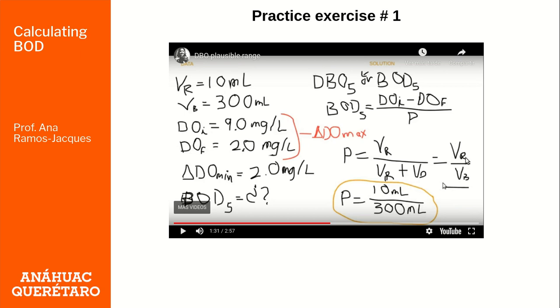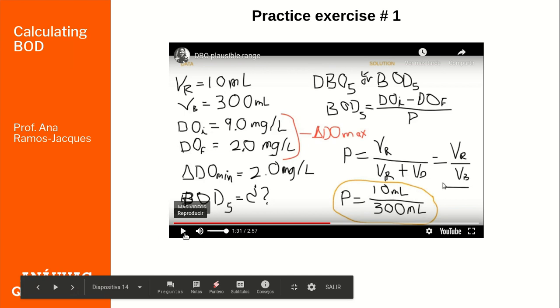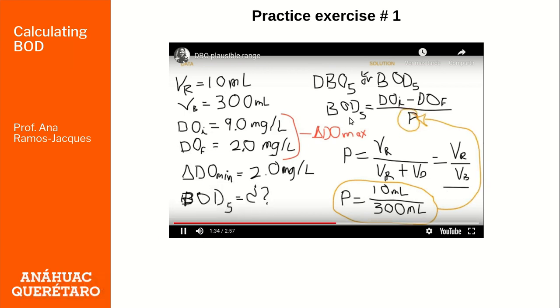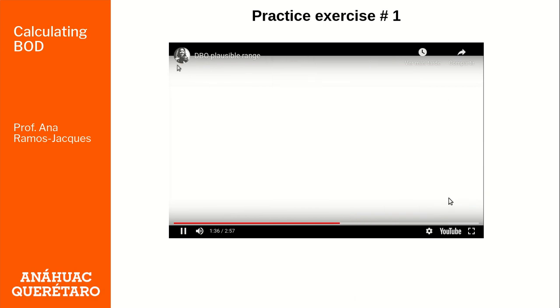We have here the total volume as the volume of the bottle. So the volume of the sample divided by the volume of the bottle will be the fraction used here to calculate this BOD.